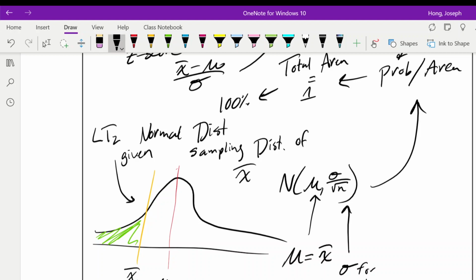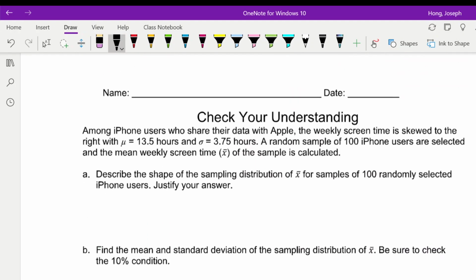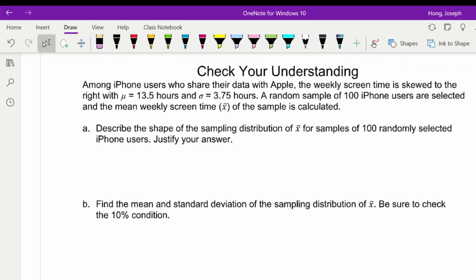Nice. So check your understanding. I can help you out with a little bit of this. Among iPhone users who share their data with Apple, their weekly screen time is skewed to the right with a mu of 13.5 and a standard deviation of 3.75. That's kind of low, to be honest. A random sample of 100 users are selected, and the mean weekly screen time of a sample is calculated.